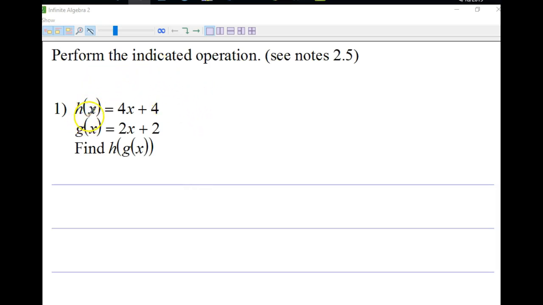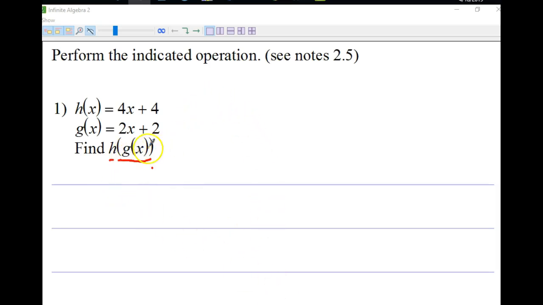We have two functions, h and g, and what this is what's called a composition. It's where you're plugging one function into another function. Okay, so we have our h function, right? And our g function. Matter of fact, I think the way I originally did this was like the following.